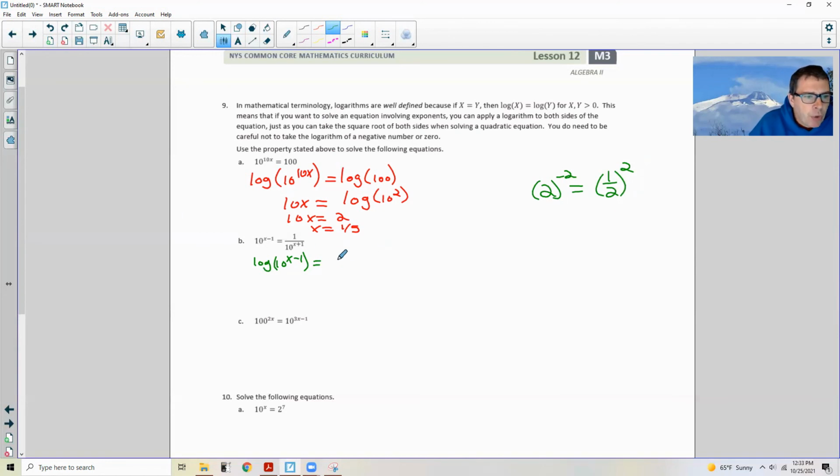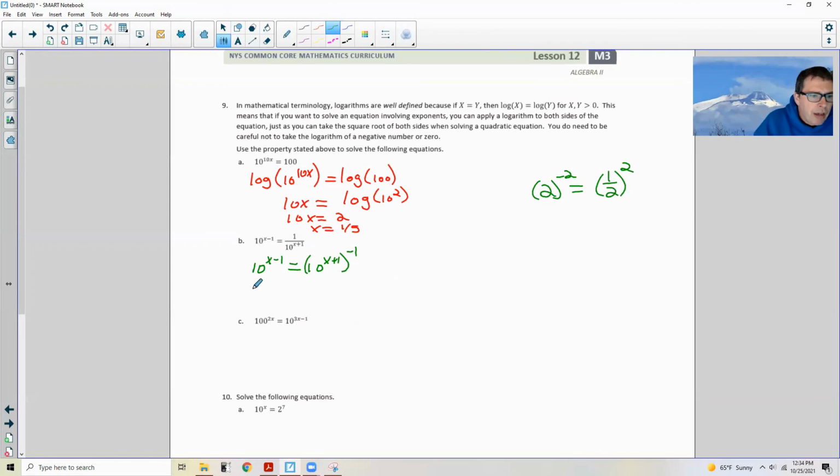Let me do that first without even doing the log, just in case this is confusing you. Let's just leave 10 to the power of x minus 1 on the left. And I'm going to take the reciprocal of this, which is 10 to the power of x plus 1, but that's going to be to the power of -1 because I flipped it.